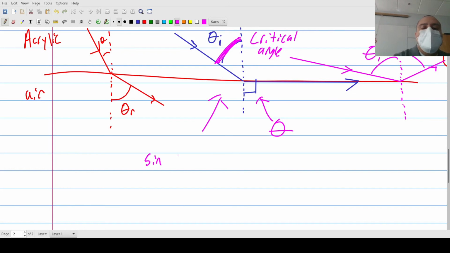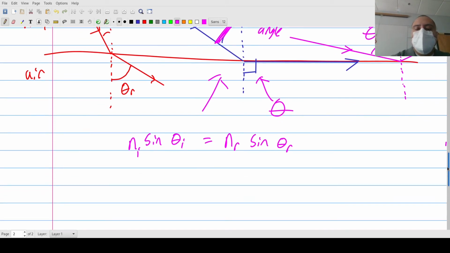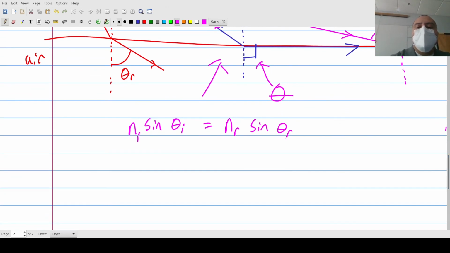n incident times the sine of theta incident equals n refracted times the sine of theta refracted. If we know that theta refracted is going to be 90 degrees, we can solve this for theta incident. So I'm going to divide by n incident.